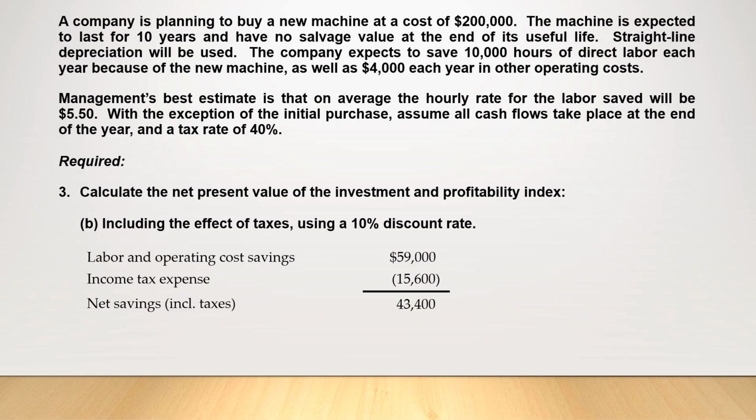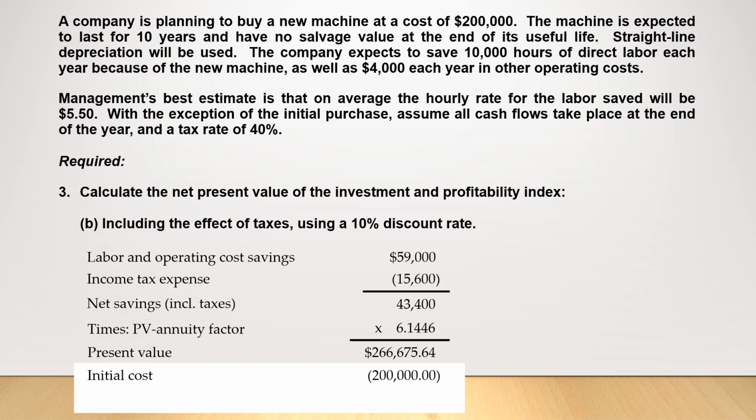The annuity factor will not change because we're still using the factor for the 10-year time frame and the 10% discount rate. So the present value of these annual net cash savings is $266,675.64.